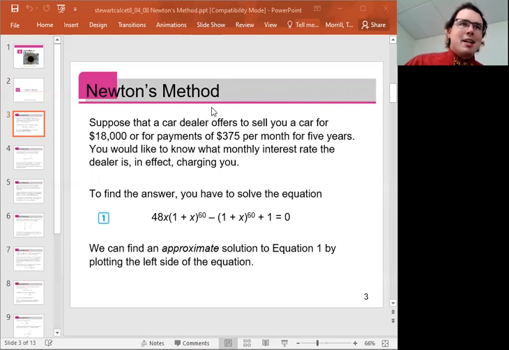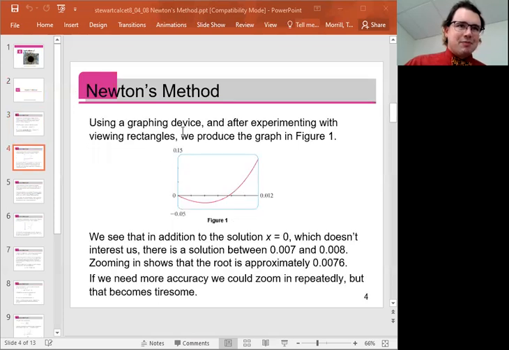This model is just asking us, is it better to pay $375 a month for 5 years, or to just pay for this car directly? So the graph of this function would look kind of like this. And we can see that there should be a solution here.